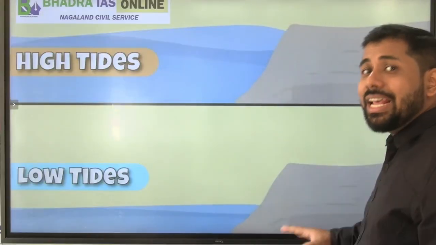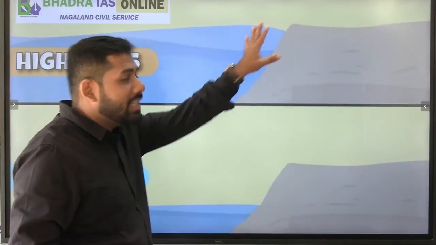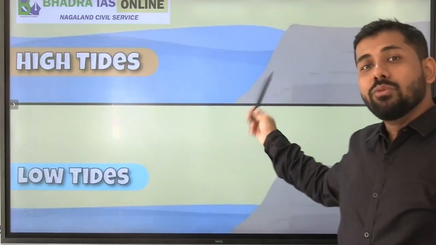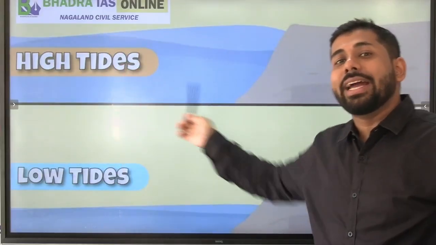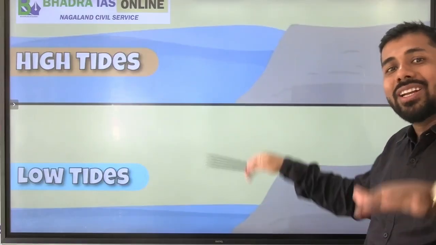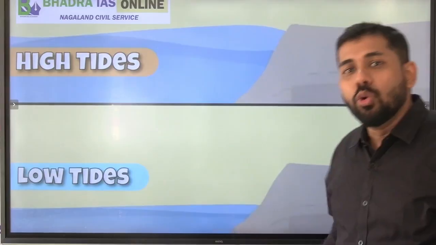But yes, low tide is a situation where the water level comes down, and high tide is a situation when the water level comes up. Overall, in this case, the top one is when the water level is coming up, that is a high tide situation, and this case when the water level is coming down, that is a low tide situation.